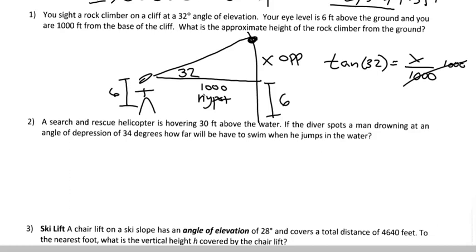At this point, we would multiply by 1,000 and find out what we get. 1,000 times tangent of 32 degrees gives us 624.8, but I'm going to now add the 6 feet to that before I round. So once we added 6 to it, you should have gotten 630.9 feet. Once again, you got something 6 less than that for x, but then you have to remember the triangle is floating up in the air.